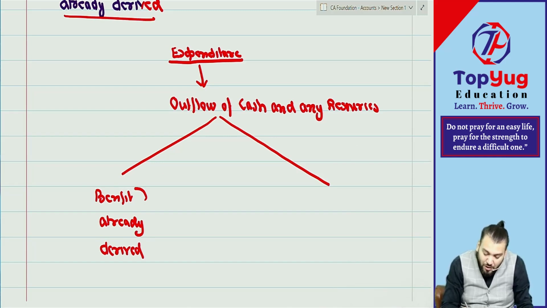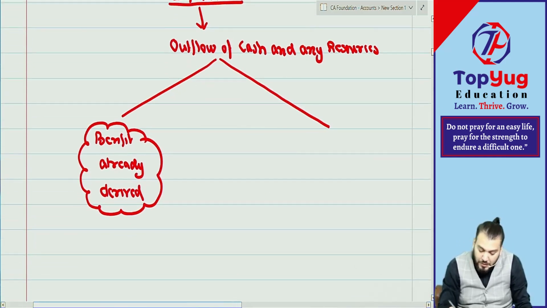If the benefit is already derived, then it becomes an expense.